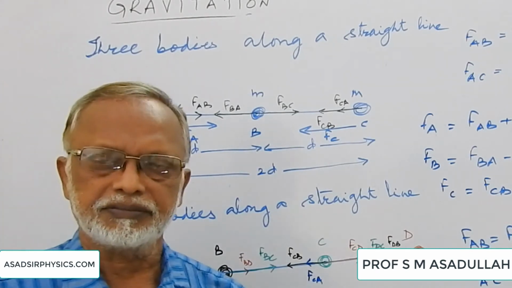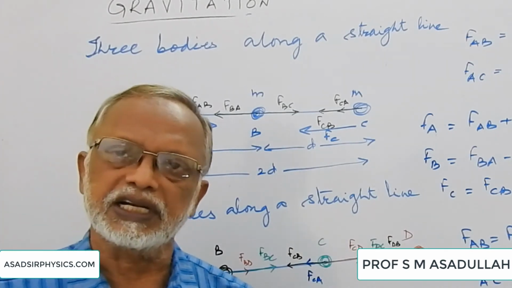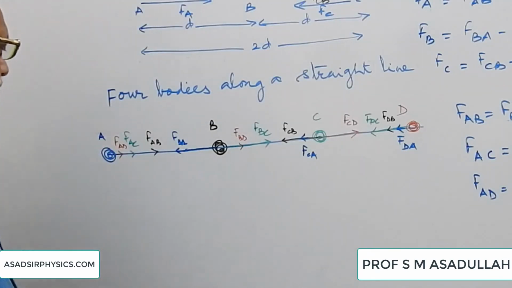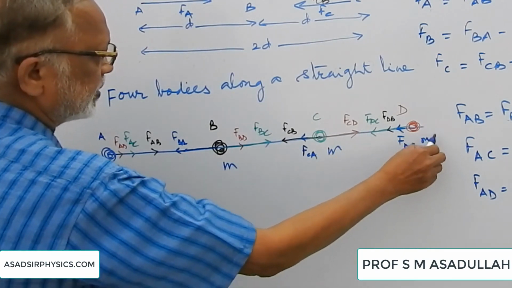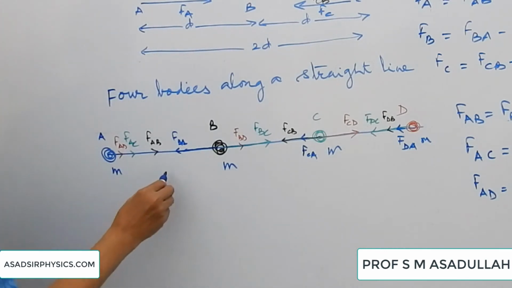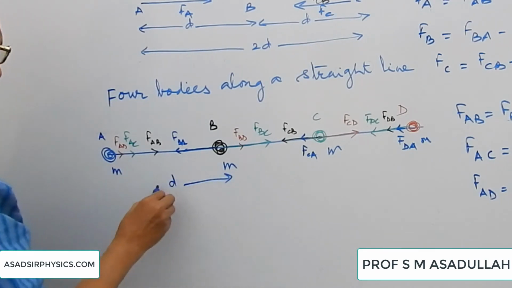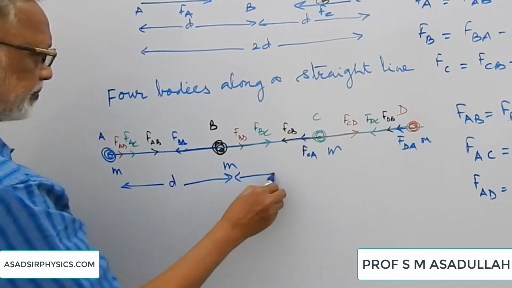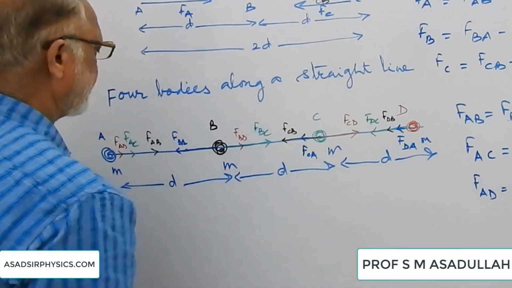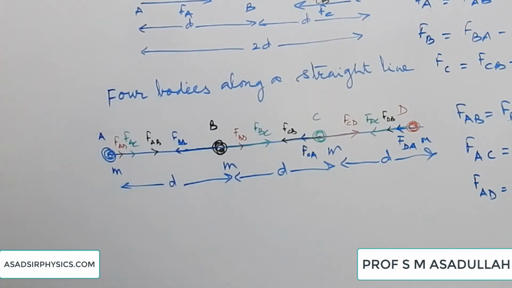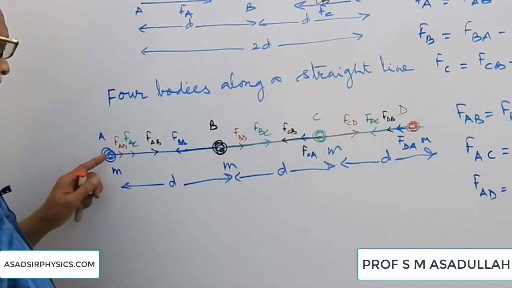Now let us extend it to four bodies present along a straight line. Suppose we have four bodies A, B, C, D, each of mass m, present along a straight line, separated by equal distances d each. Now, force on A due to B, FAB is equal to G m square by d square.